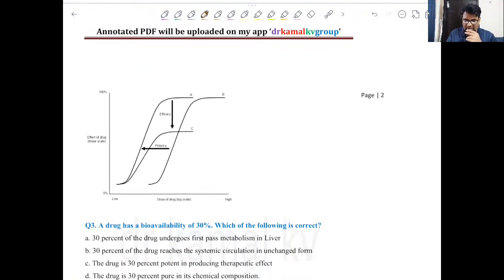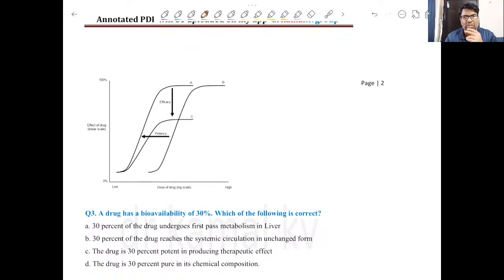Now let us study this with the help of a graph, and I think this will make your concept much clearer. Suppose we are studying two drugs, drug A and drug B. This axis is obviously the effect, or what you call response, and on this axis we will discuss the dose. So response above, dose here.